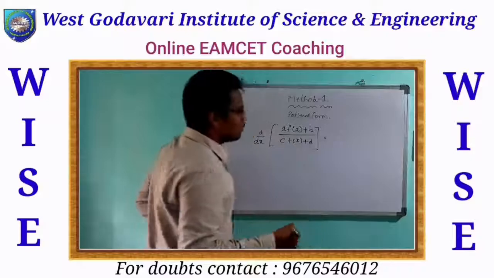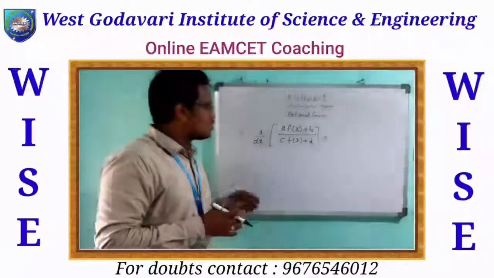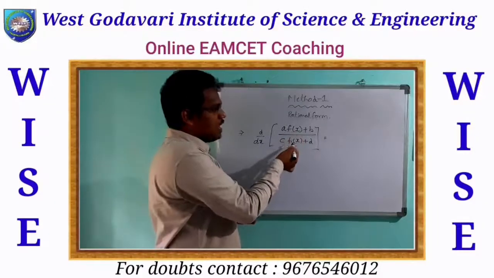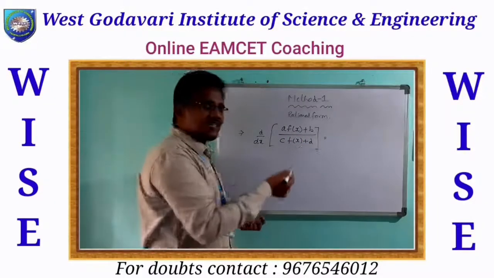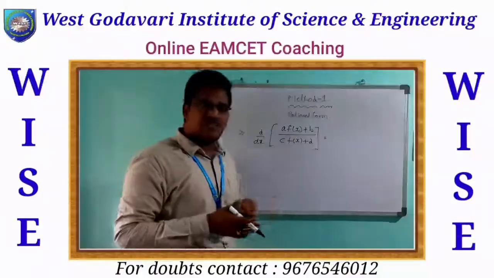So rational means a into f of x plus b is the numerator term, upon c into f of x plus d, the denominator term. This type of format is called rational format.